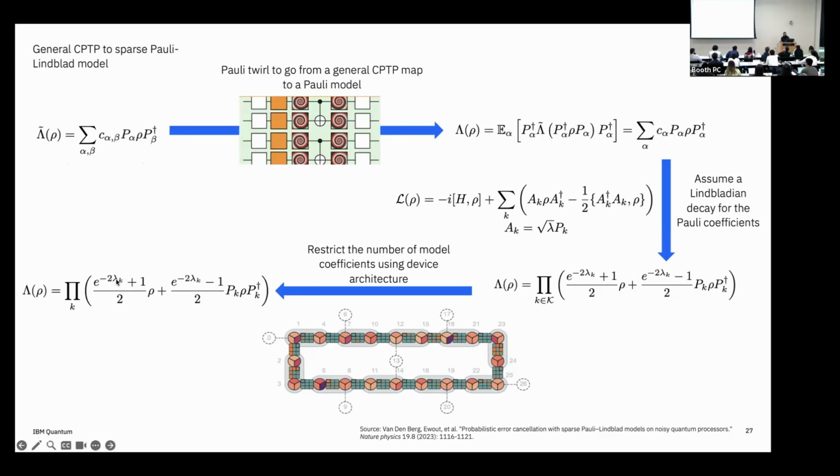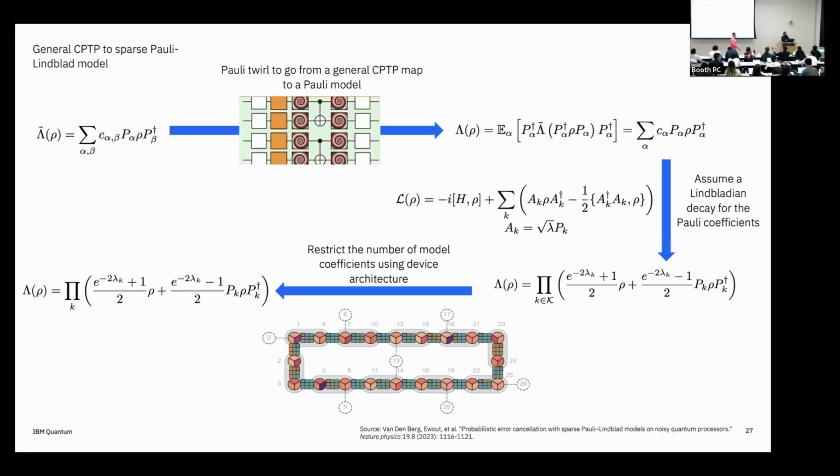So you learn what these lambdas are and then sample from the increased lambda distribution. Because we know precisely what the noise is, it's captured right here. We learn exactly the lambdas. We know exactly what coefficient each P_k has, and therefore we can amplify it. So the learning step is very necessary.